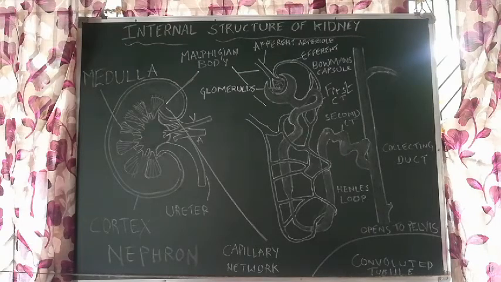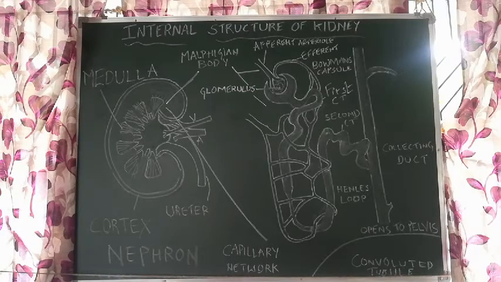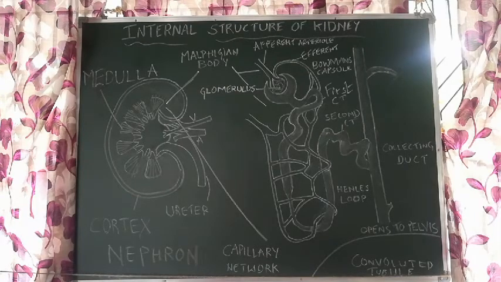Now what happens in the distal convoluted tubule? There is tubular secretion. Secretion means things from our body again enter into the tube. What are they? Certain ions of salts like potassium, sodium, chlorine, hydrogen: K plus, Na plus, Cl minus, H plus.